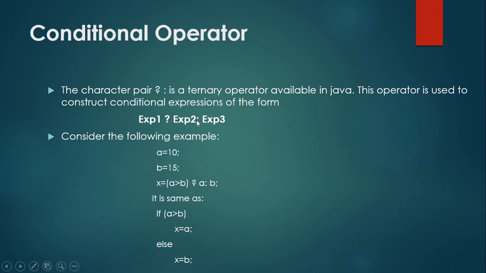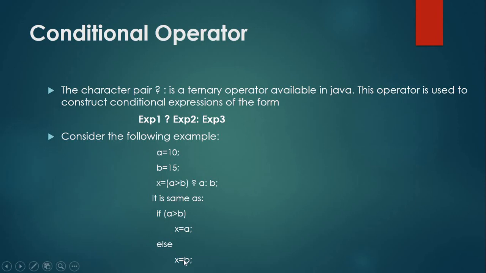With an example we will understand: A > B ? A : B. If the condition A > B is true, then the value A will be assigned to X. If the condition A > B is false, then the B value will be assigned to X. It is the same as: if A > B, then X = A, else X = B.